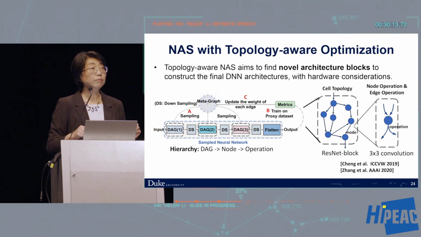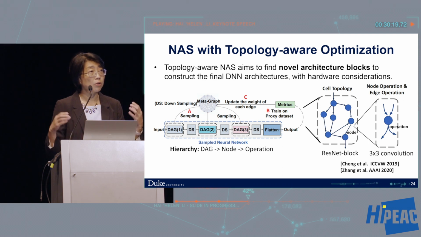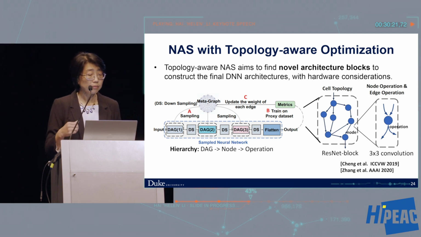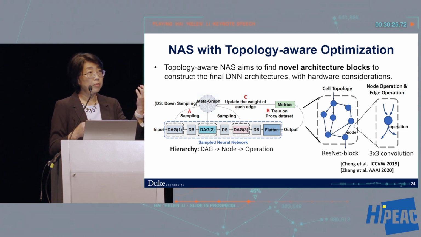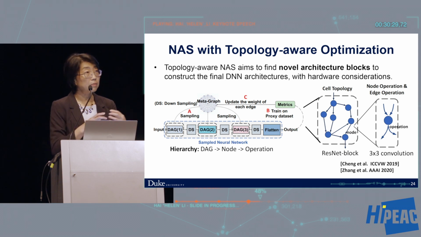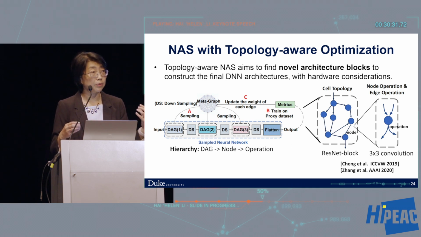Here, we construct a directed acyclic graph, DAG, and the meta graph is composed of many DAGs. The process starts from the meta graph, and then we sample some DAGs and compile some sampled neural networks.